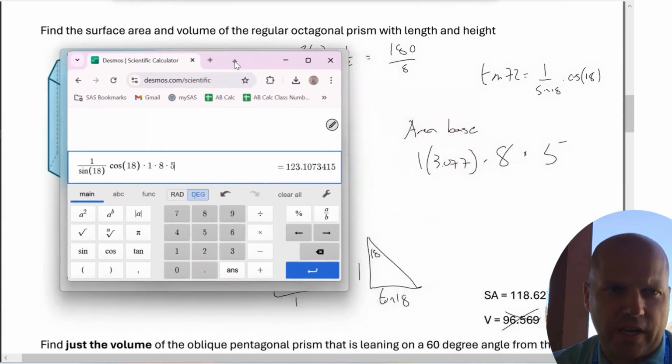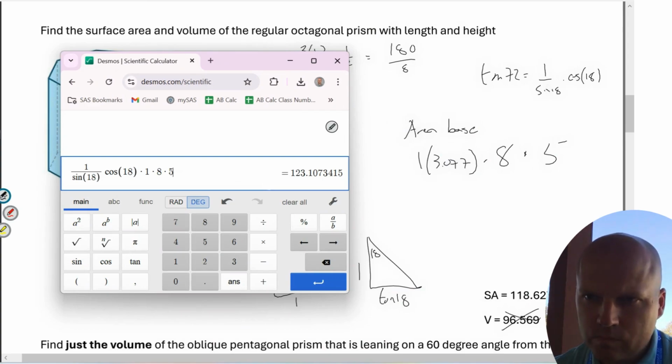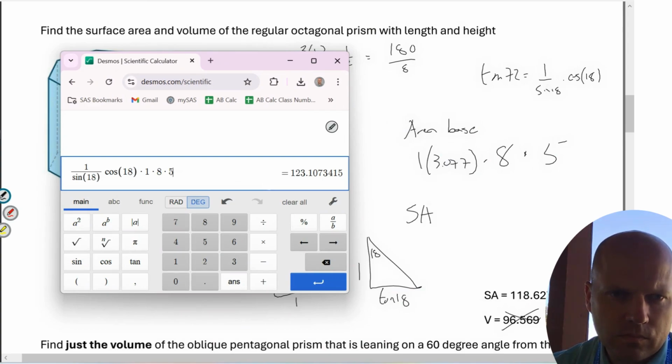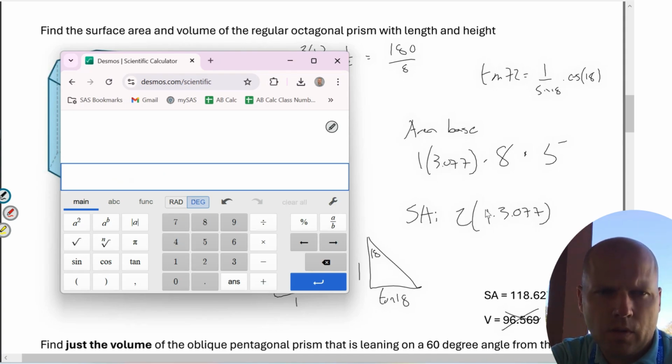Then for the surface area, I need 2 areas of the base. So tan 72 is the area of the base.